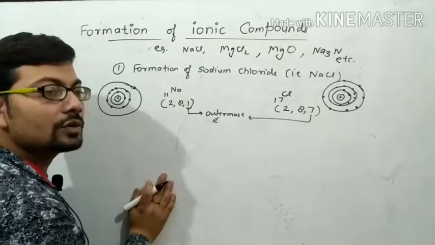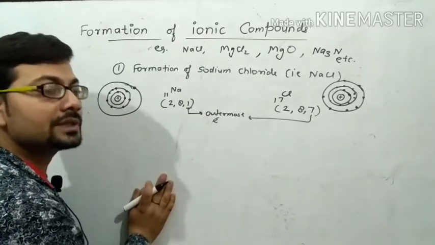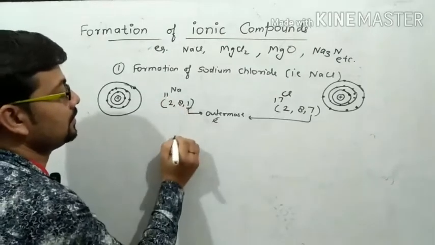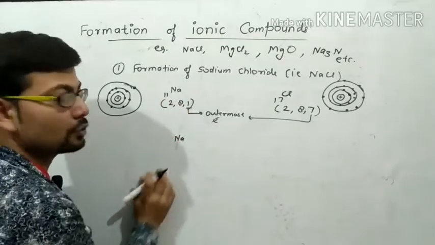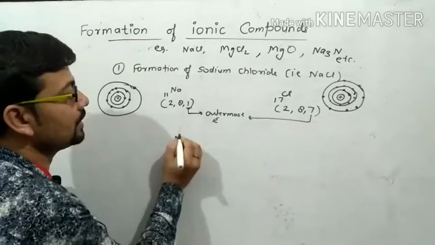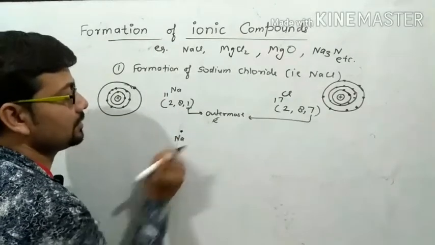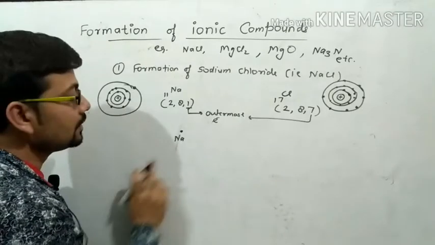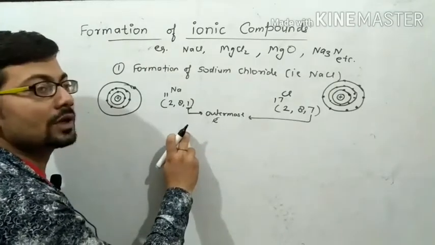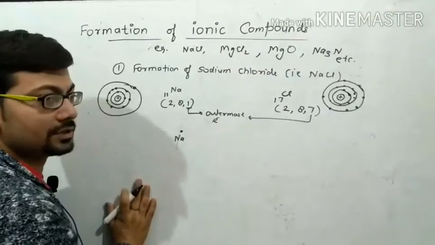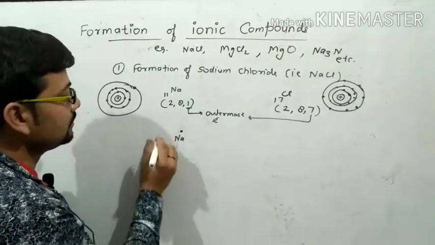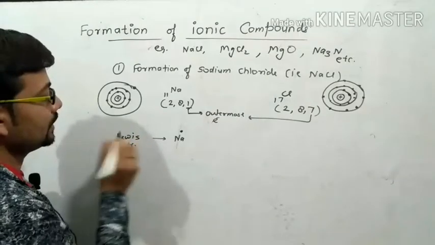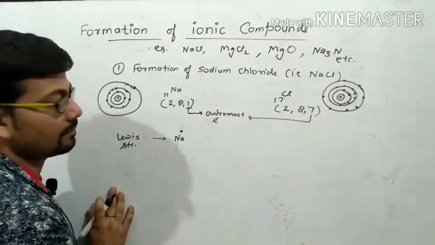So the outermost electron is represented by a dot or cross on the symbol of the element. Sodium has 1 outermost electron, which is represented by a dot, right? This structure in which the outermost electrons are represented as dots is called the Lewis structure.